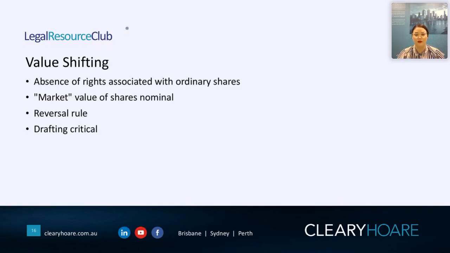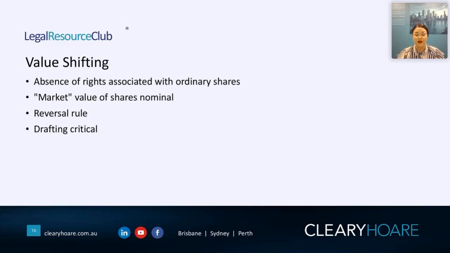When we're looking at whether a value shift has occurred, we need to look at the market value of the up and down interest of the shares. More specifically, market value has a common law meaning, which asks what value or amount an anxious buyer, a non-anxious buyer, and a seller would agree to.